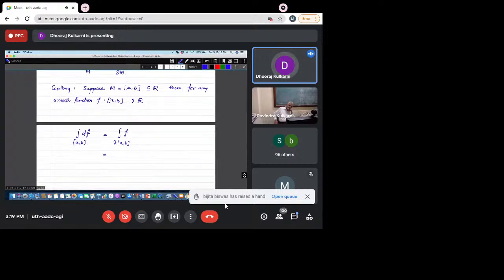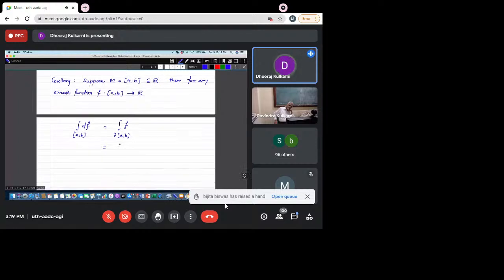What is the boundary? The boundary is the union of two points a and b, but the orientation induced at b is positive. At point a, the induced orientation, because we are using the standard orientation on this interval, which goes from left to right, is negative.